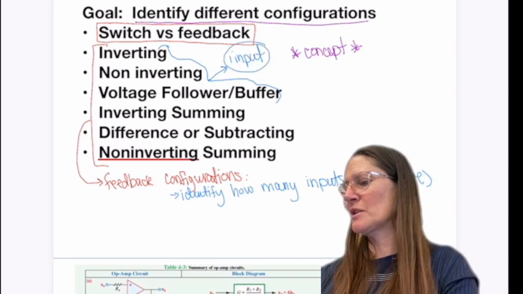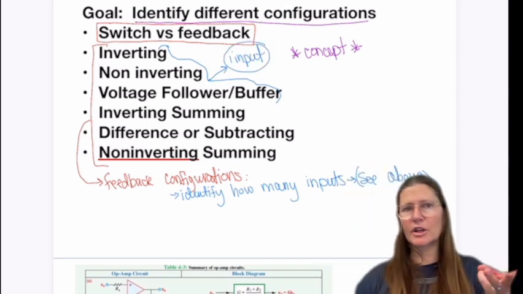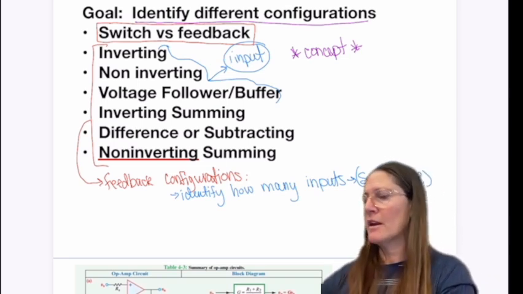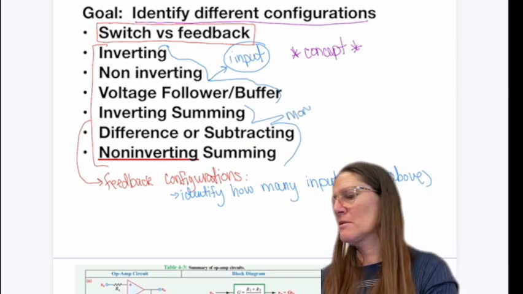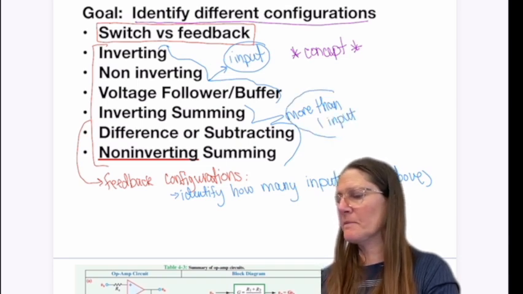So one input is going to be an inverting, non-inverting, or voltage follower buffer. If you have more than one, then it's going to be one of these three.